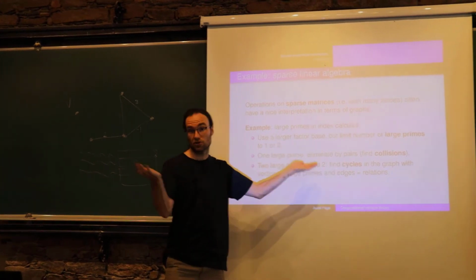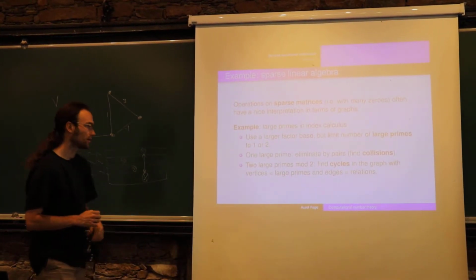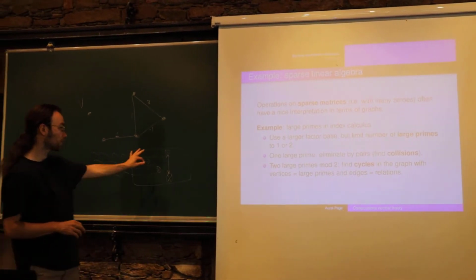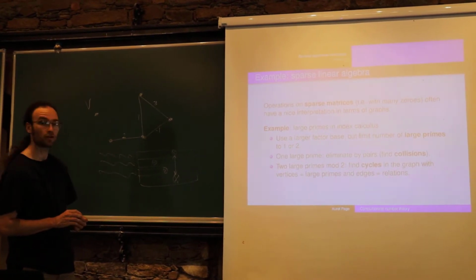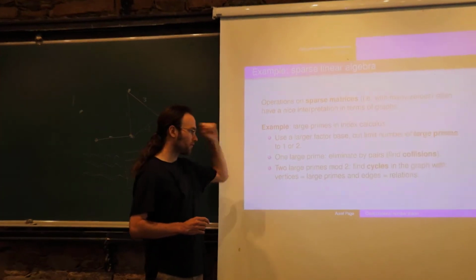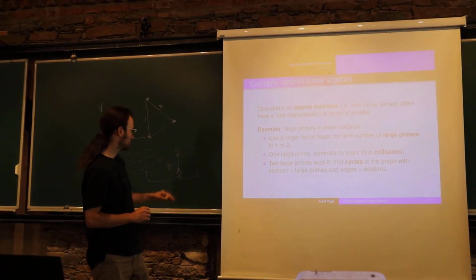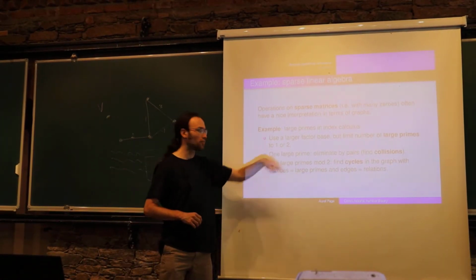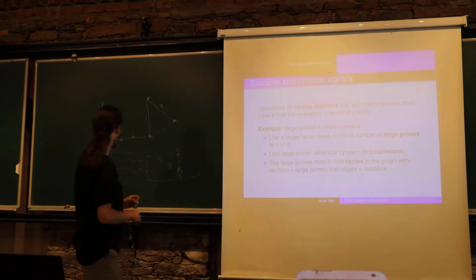As we saw, you can do that by sorting this part, and you find collisions this way. So the two large prime variation, let's say that we're doing linear algebra mod 2 to simplify.